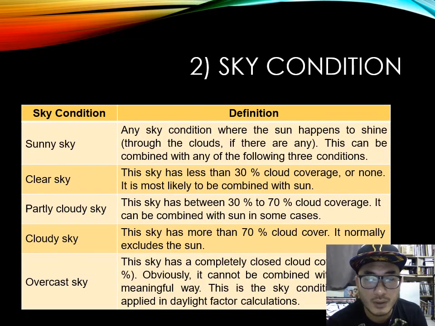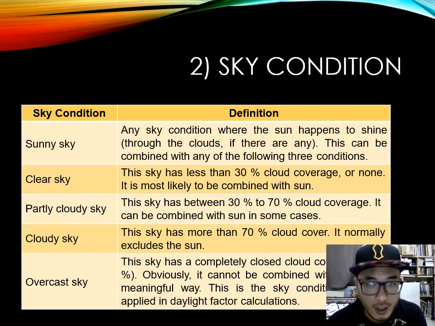So number 2 factor of daylight is sky condition. There are a few types of sky condition, which is sunny sky, any sky condition where the sun happens to shine through the clouds.